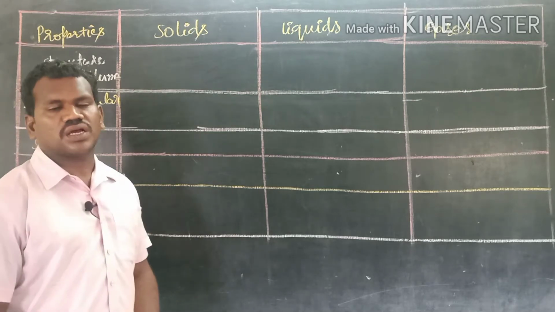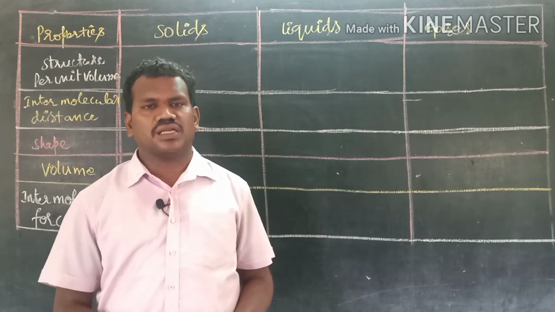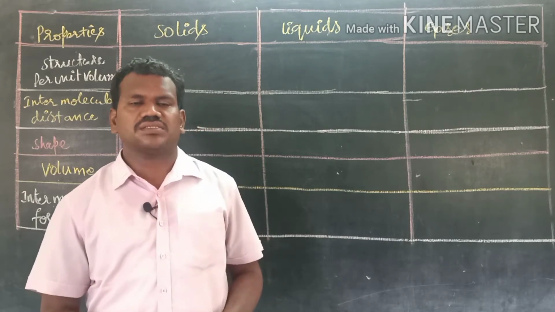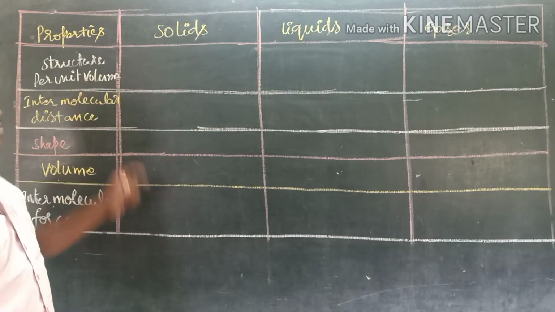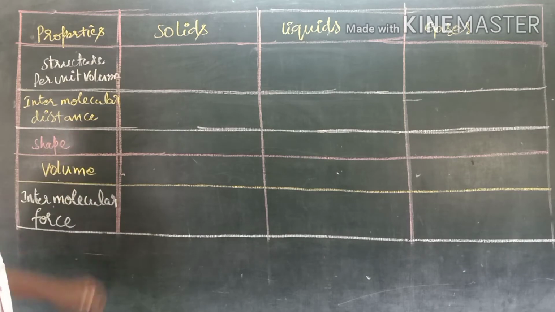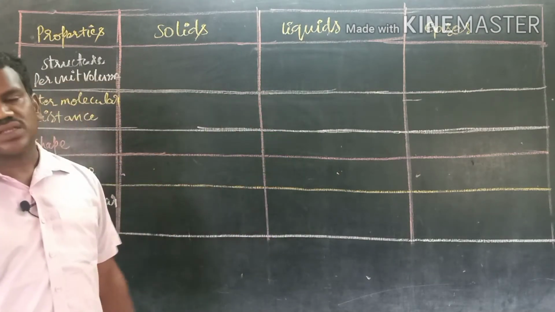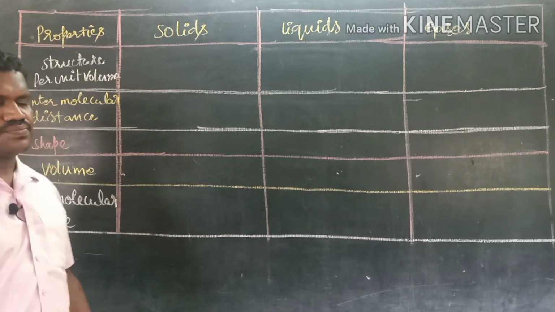Why? Because you already know every kind of matter is made up of molecules, and every molecule has certain properties, that is the structure per unit volume, intermolecular distance, shape, volume, and intermolecular forces. Let us discuss those properties in detail.